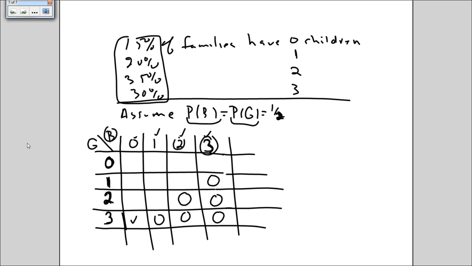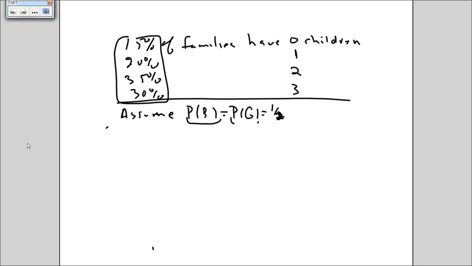You either have 0 kids or 1, 2, or 3 kids. So, on the side, I'm going to figure out these 4, 5, 6, 7, 8, 9 probabilities. But I need the space here. And as you find those numbers, you fill them in the table.